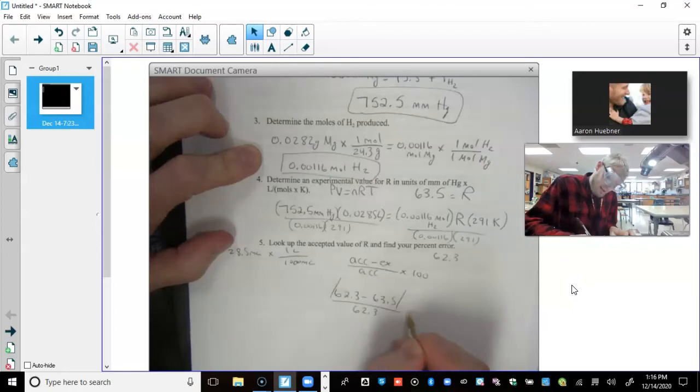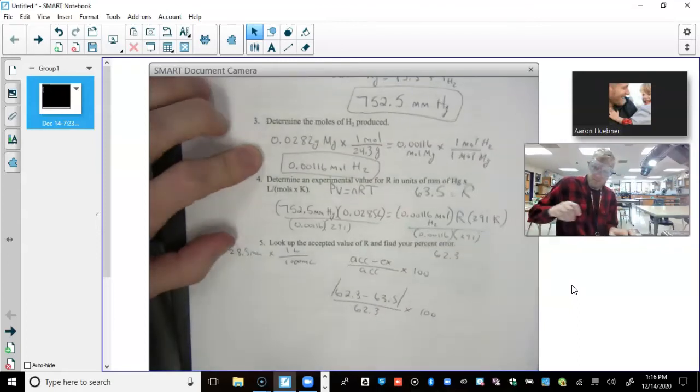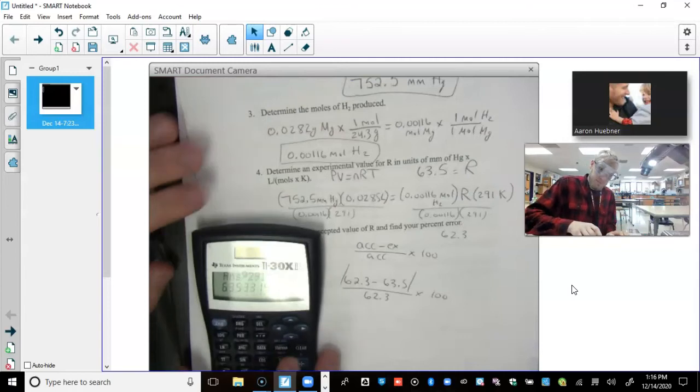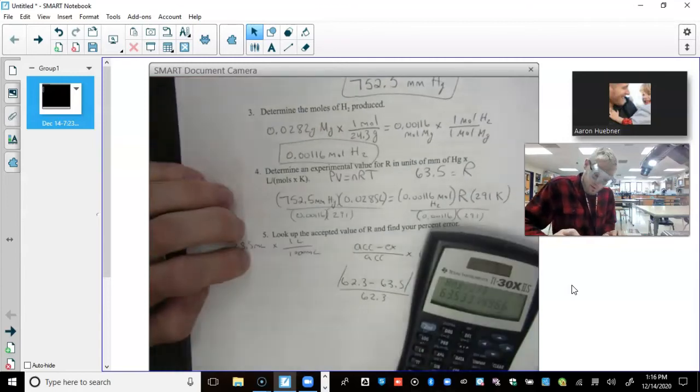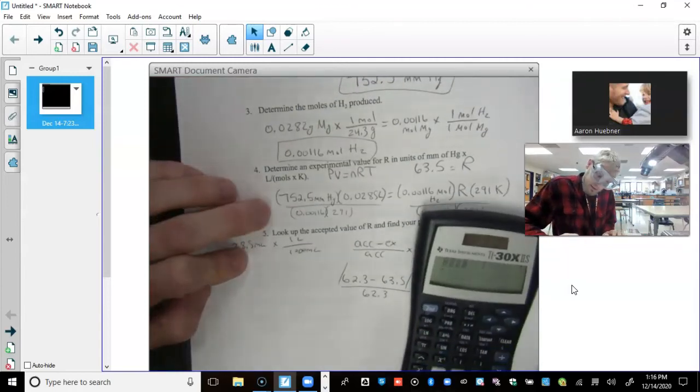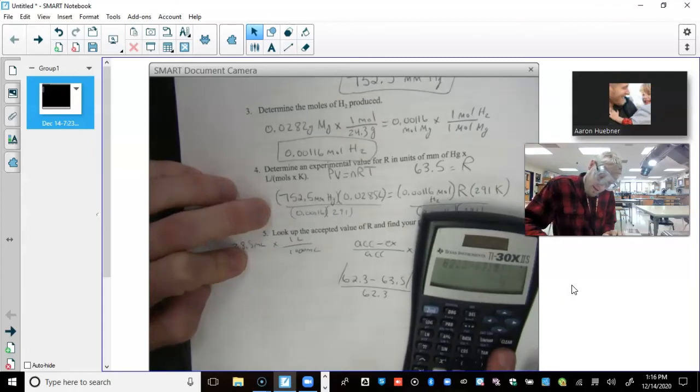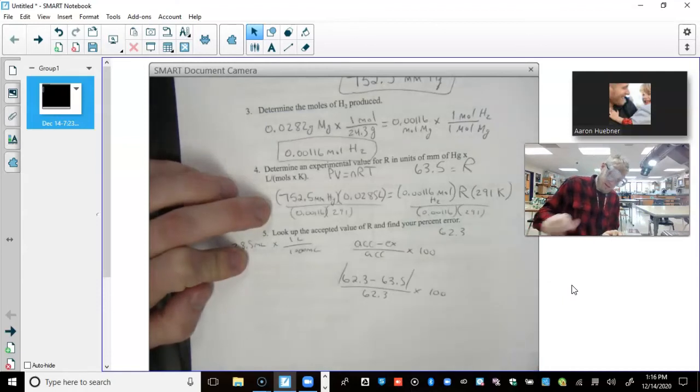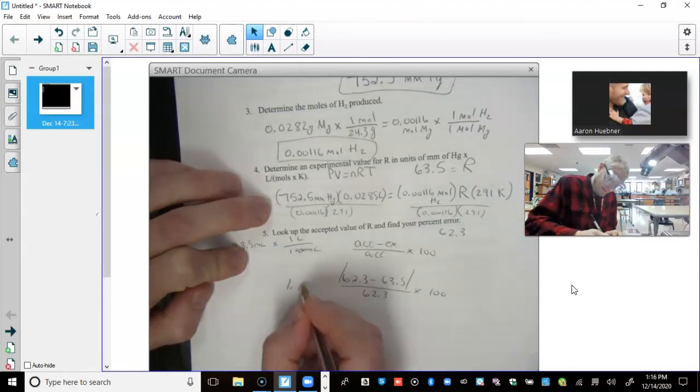And it's the absolute value. We multiply it by 100. So 62.3 minus 63.5 divided by 62.3 times 100. And it's absolute value, so it's positive 1.9%.